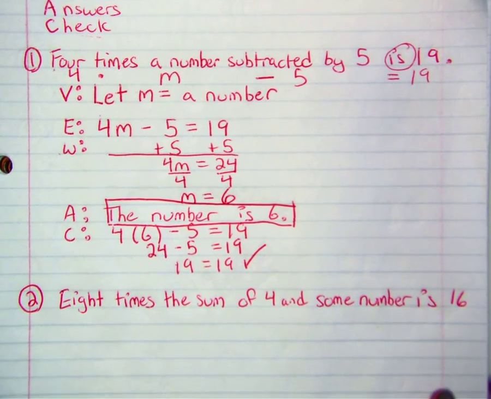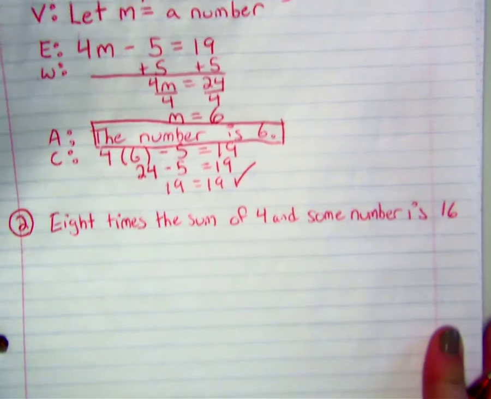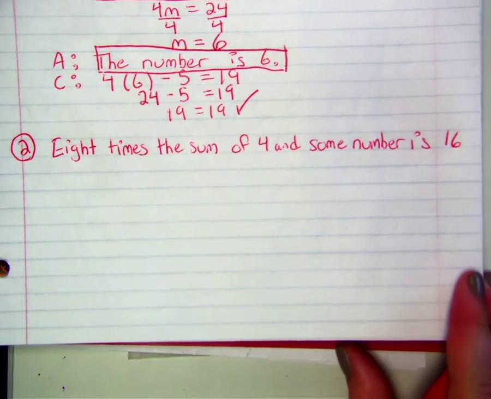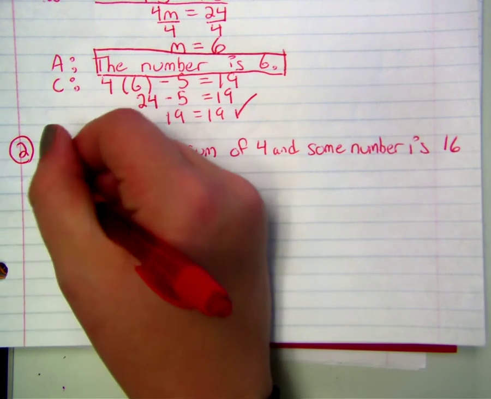Let me move that up, and you can pause it if you still need to keep writing that down. 8 times the sum of 4 and some number is 16. Alright, so what you can do now is we're going to write our VEWAC.